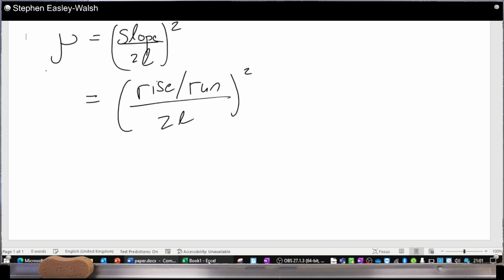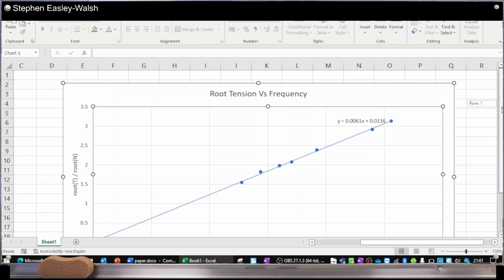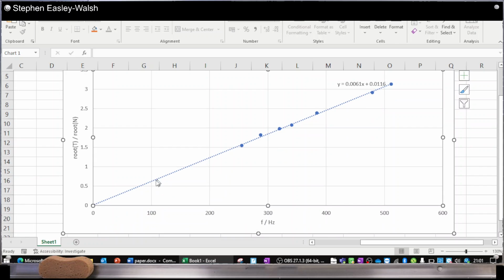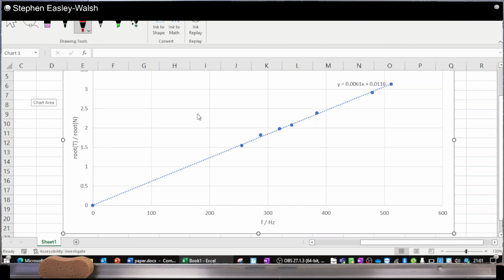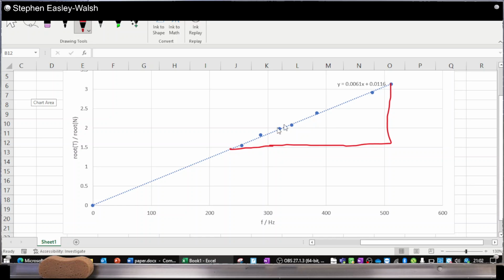Now, I'll go back to my Excel graph. So you just draw a triangle, or we can actually almost see a triangle nicely here, but you're supposed to draw a triangle that includes the data. So just draw a triangle trying to include the data points, but don't go too far beyond it and don't pick it too small.